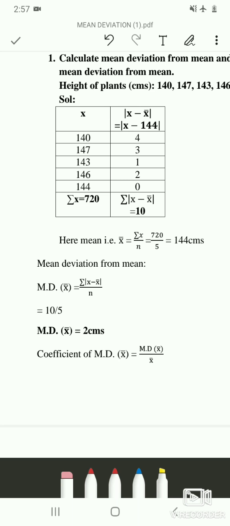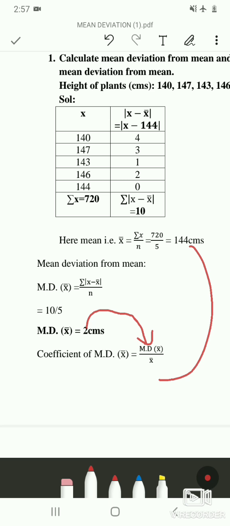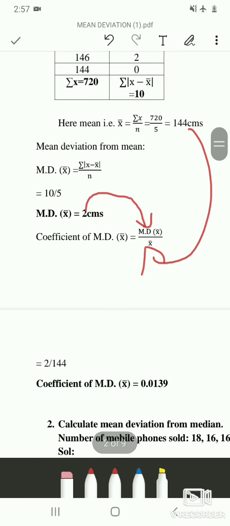Now let's see the coefficient of mean deviation from mean, and the formula is mean deviation from mean upon mean. So here we know the value of the mean deviation and we know the value of mean. Therefore just substitute it.